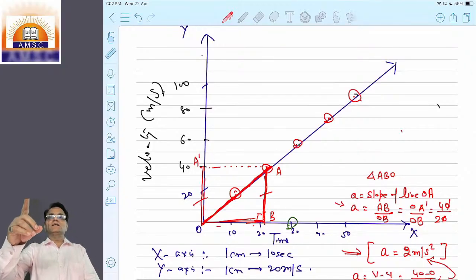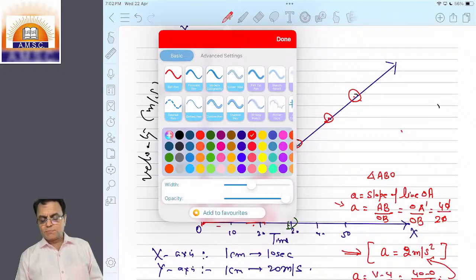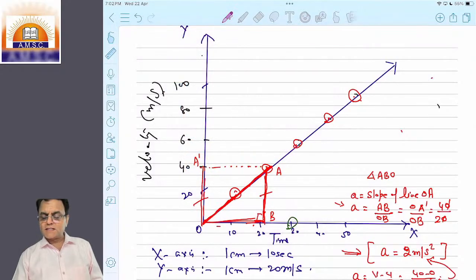So which part of the graph should I consider? Anveshna, which part of the graph should I consider? I'm interested to find out the acceleration in a time interval with a starting time of 60 seconds and the ending time of 100 seconds.